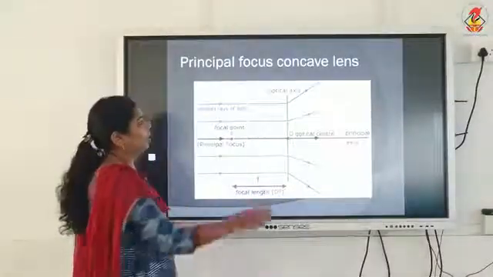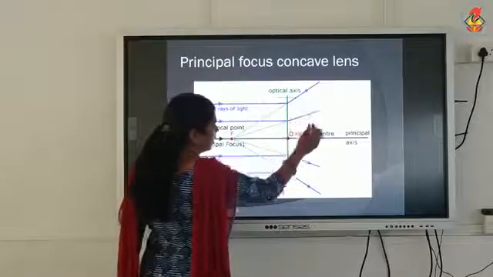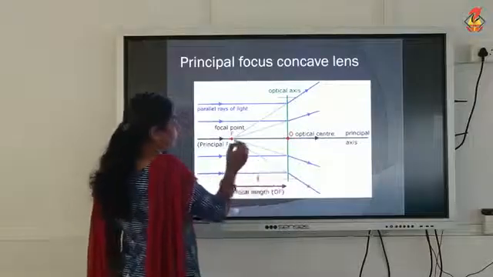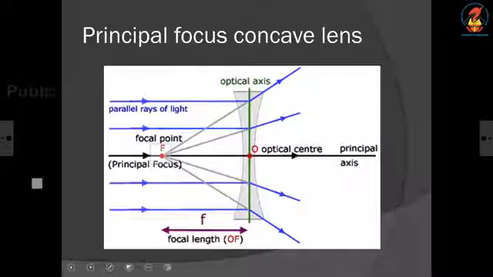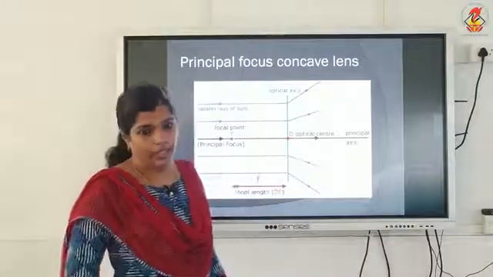So, these refracted rays, we have to backtrace them, and all the refracted rays appear to come from this point, and this point is known as the principal focus of concave lens.